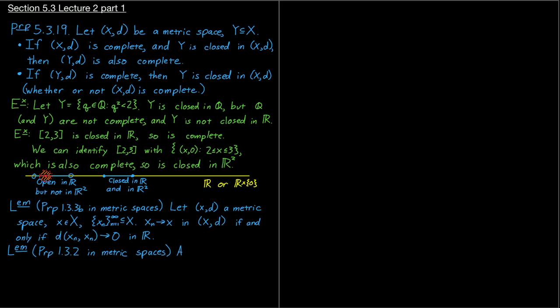The point is that a sequence, proposition 1.3.2 is that a sequence of real numbers can converge to at most one point. There are some sequences that just don't converge at all, but there aren't any sequences that somehow converge to 2 or 3 or infinitely many points simultaneously, and that's also true in metric spaces.